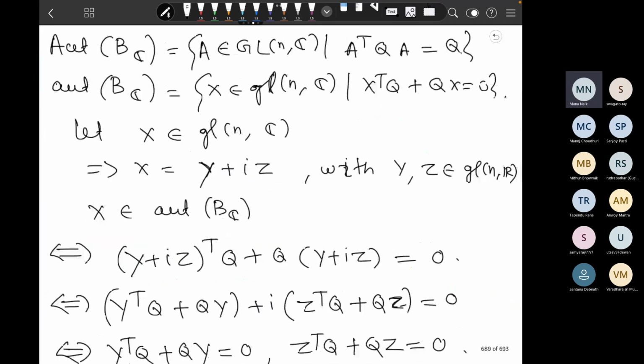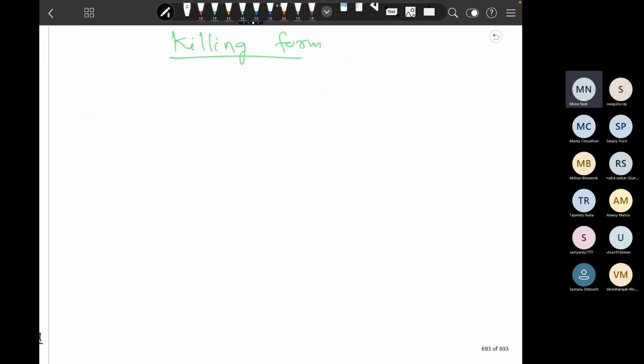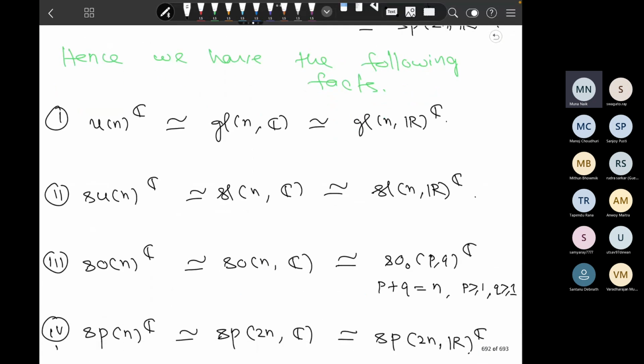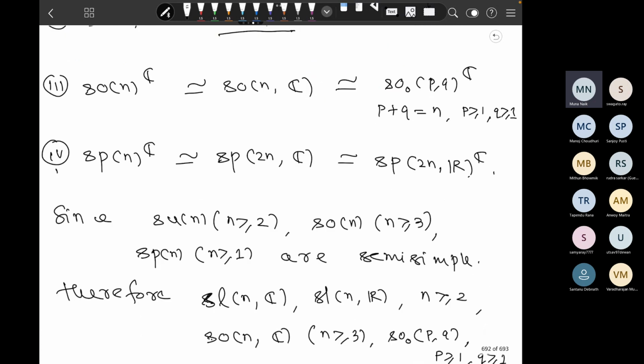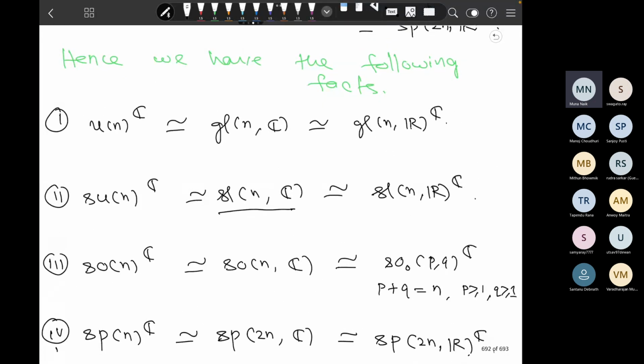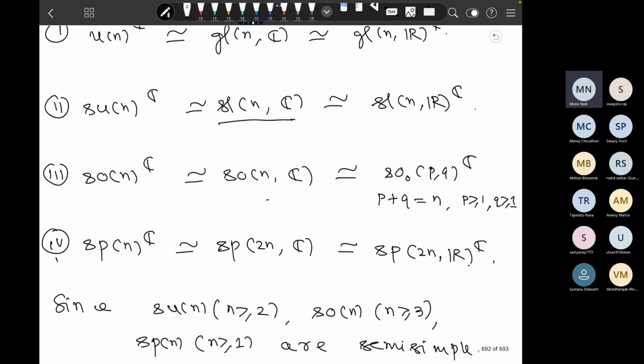If SUN is semi-simple, then its complexification SLNC is semi-simple. Since SLNR is a real form of SLNC, therefore SLNR is semi-simple. Similarly, SUN is semi-simple, therefore complexification SONC is semi-simple. That means SONC is semi-simple. Now, since SO(p,q) are real forms of that, this is semi-simple.